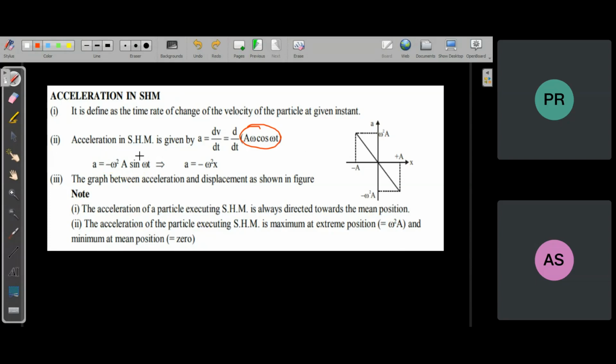But here you will see that in the equation of acceleration, this term is coming, a sine omega t, which is nothing but the equation of the displacement. So directly you can replace a sine omega t by x. And then the equation becomes a equal to minus omega square x, where x is the displacement from the mean position. You can clearly see that it satisfies the condition of SHM.